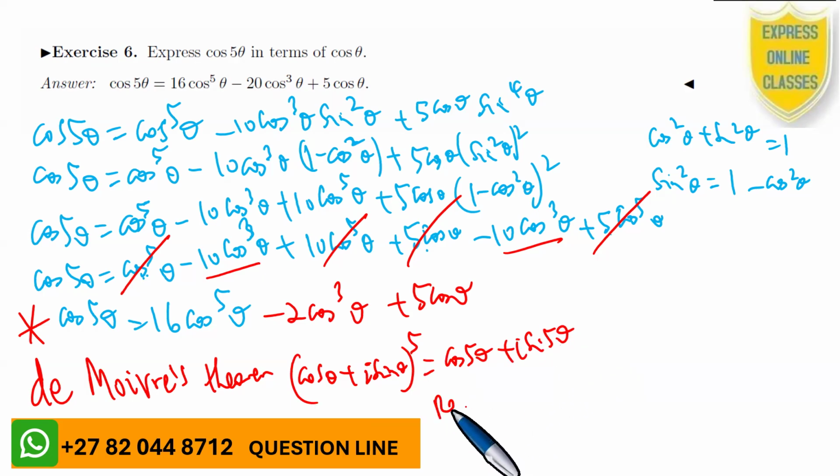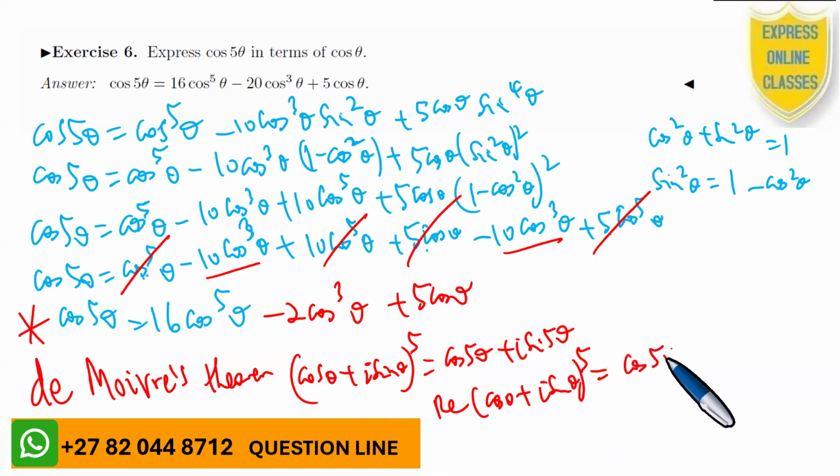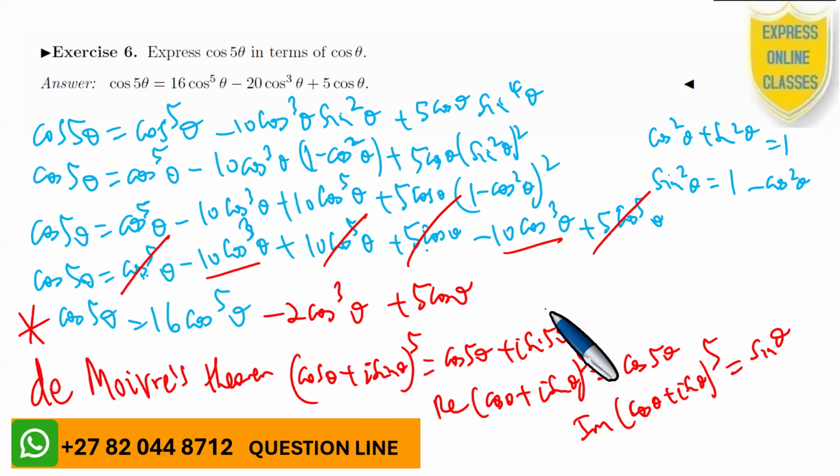So if you take the real part of cosine theta plus i sine of theta, the real part of this is cosine 5 theta. But if you take the imaginary part, the imaginary part becomes the sine.